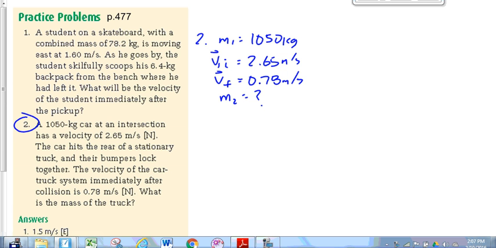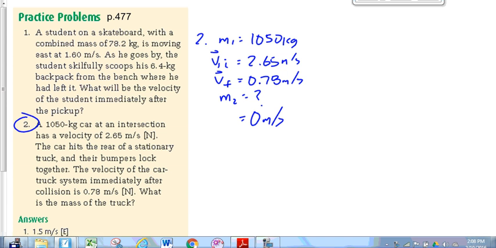All right. Anything else I have if I read between the lines here? There's one word that tells me something else. That's your hint. One word. What is it? Stationary. Yeah. So something is 0 meters per second, right? What is 0 meters per second? Is it V1 or is it V2? Matt?